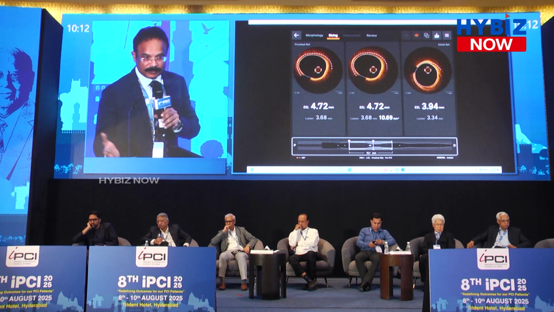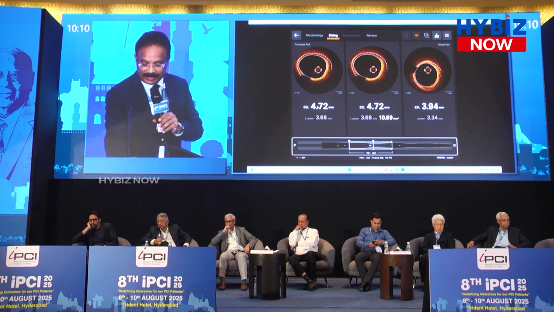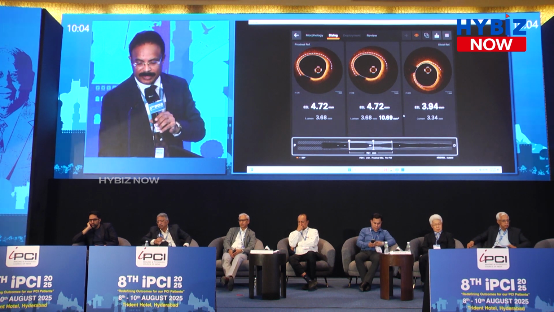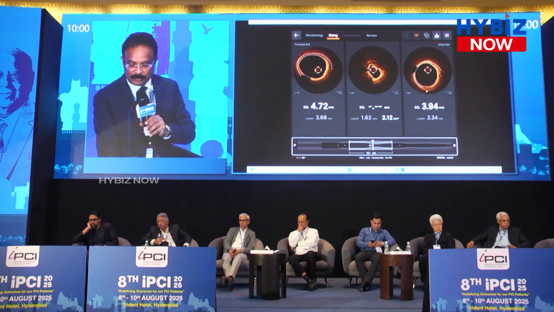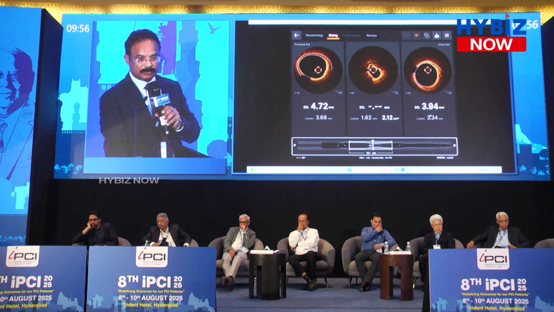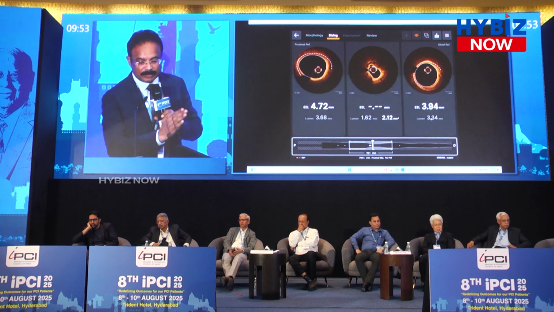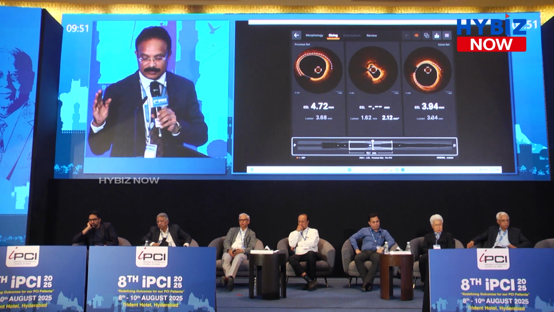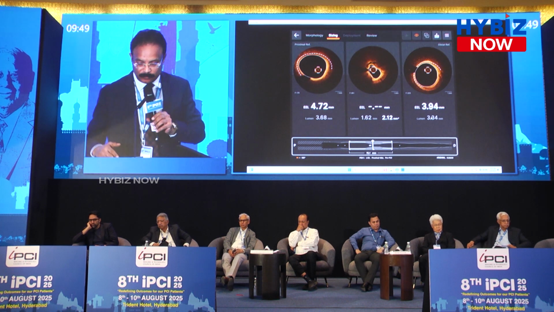Yes, this is the AI detected measurement: the EEL of the proximal vessel is 4.72, and it can detect the EEL with more than 180 degree arc. And the lumen is 3.68. And the distal reference is 3.94 and 3.34. So the proximal is somewhere close to 4.7 and the distal is close to 4. Next.